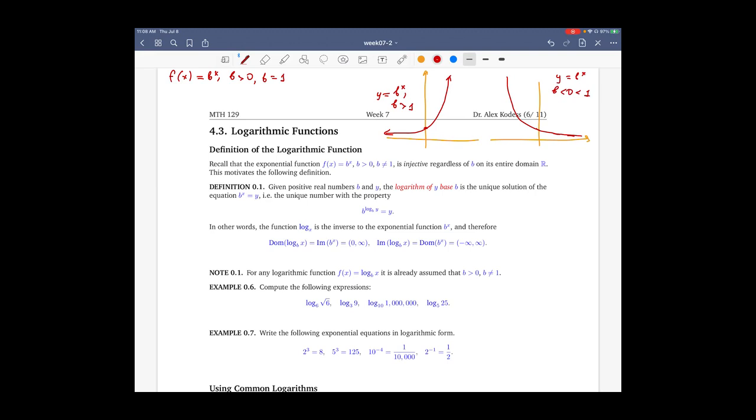Either way, this function is injective. It maps different x's into different y's. It's easy to see from the picture. In the left picture and also in the right picture, we see immediately that whenever x1 and x2 are different, so are the corresponding y's.